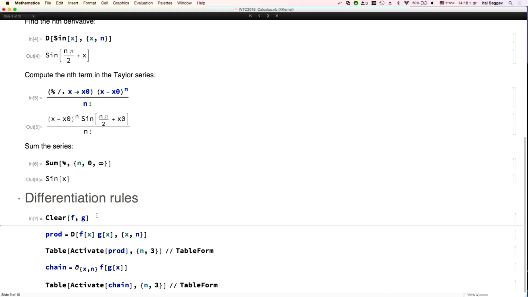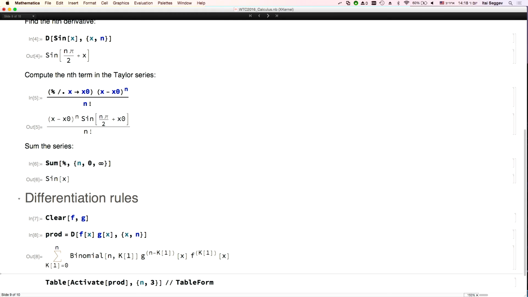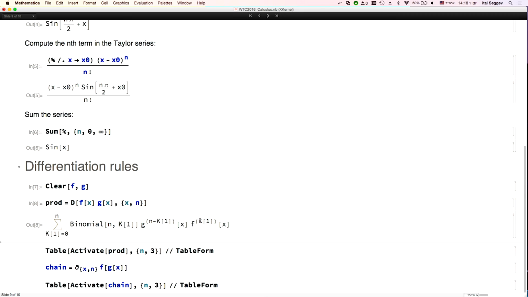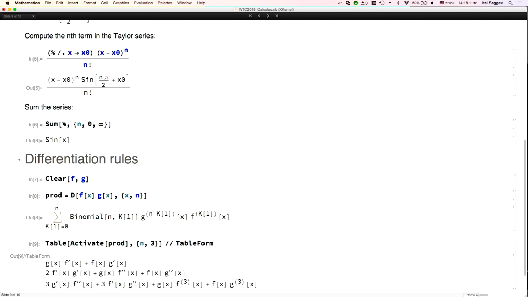Another application is formal differentiation rules. So this is the nth derivative of a product. It's a sum of binomial coefficients times the respective derivatives. If I create a table of that, you'll notice it comes back as an inactive sum because otherwise, well, it may or may not try to sum things, but we don't really want these to all expand out.